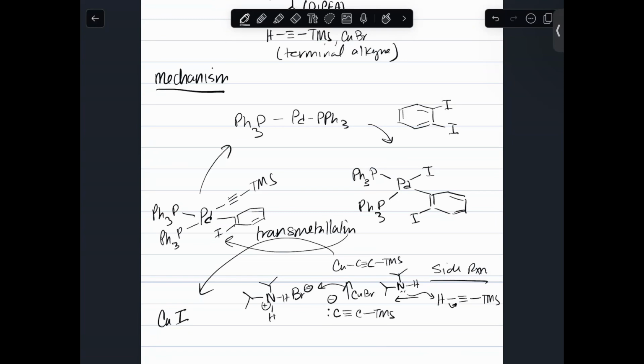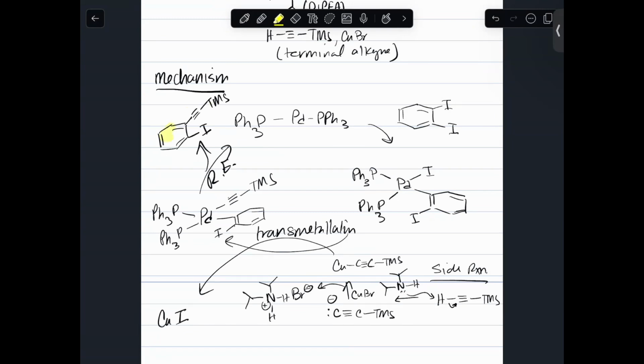And it does a reductive elimination step to regenerate not only my catalyst, but to couple the first alkyne.